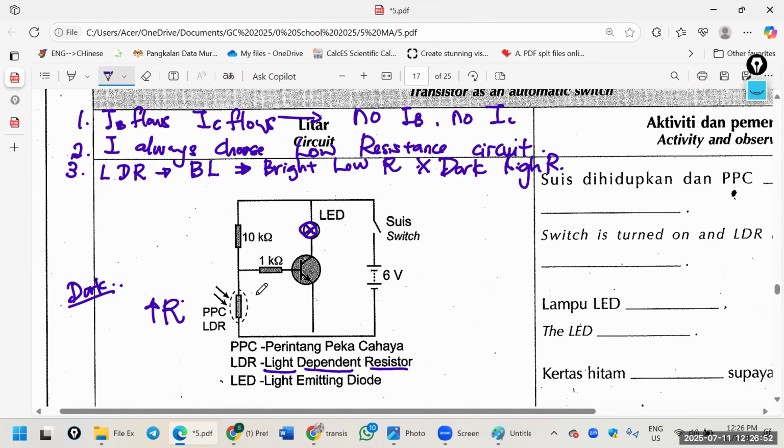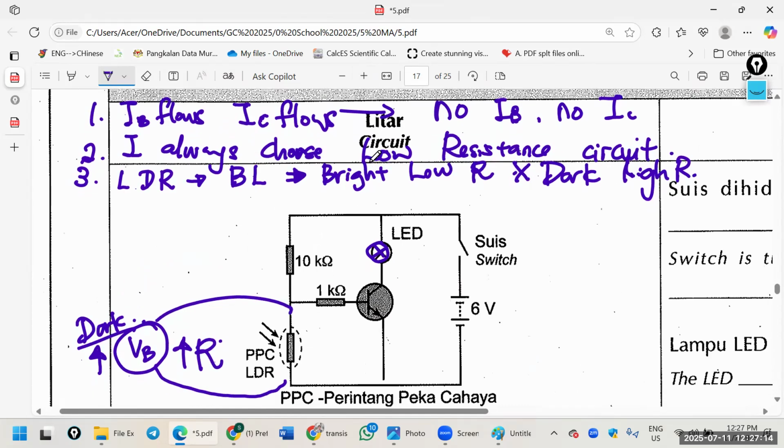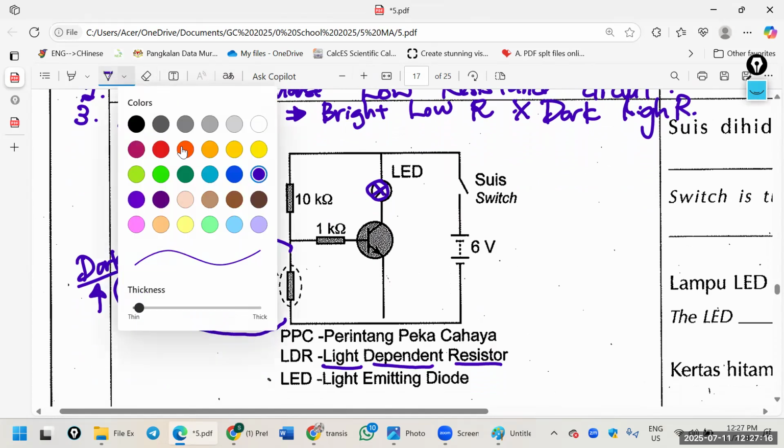So do you notice LDR is in the base circuit? So we say base voltage also high. Get the idea? Okay, then we say it can switch on the transistor. Okay, then let me introduce you how the current flows first.